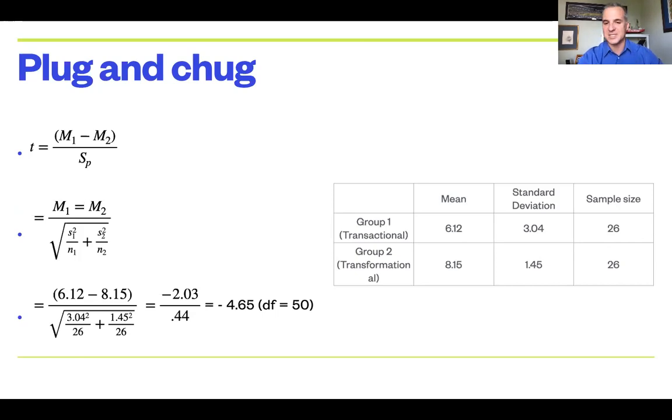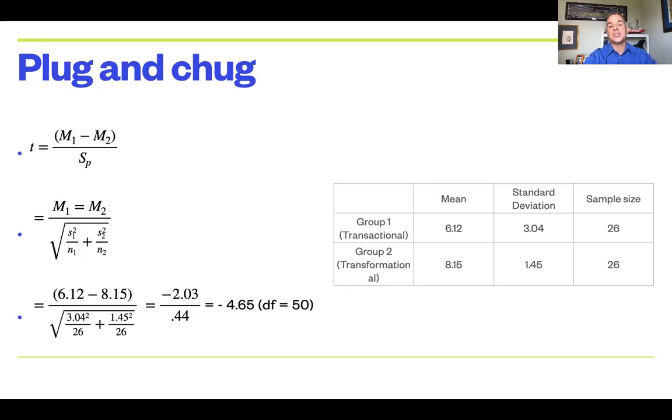Look, the positive versus negative is just because I did 6.12 minus 8.15. If I'd done 8.15 minus 6.12, I'd have a positive, right? It's just about the difference between those means. So you do have to look at what the direction is, and that's what that positive versus negative is telling you here. So the difference between 6.12 and 8.15 is 2.03. Divide that by the pooled standard error, 0.44, and what I get is a t of 4.65.